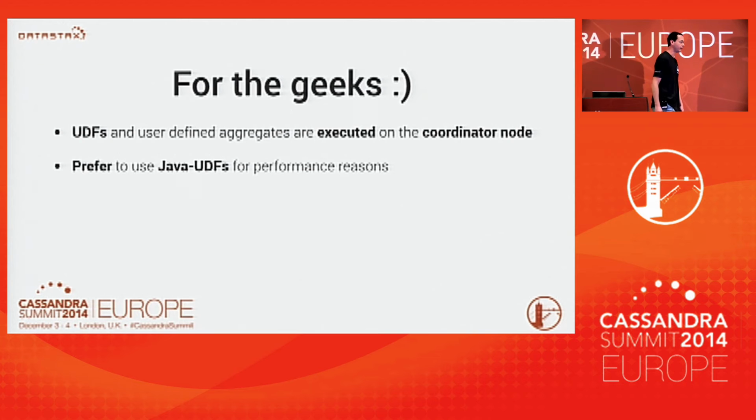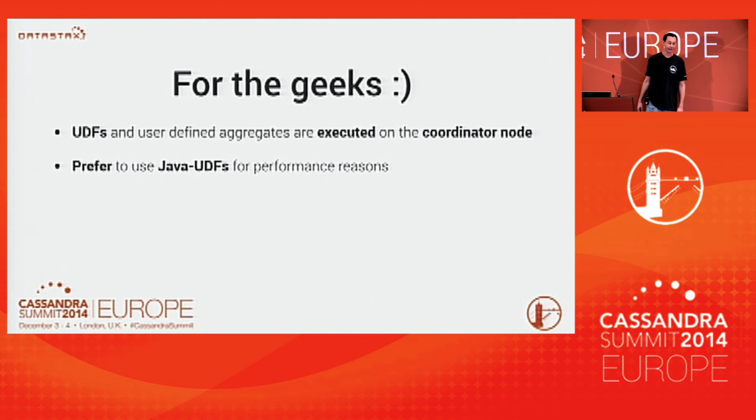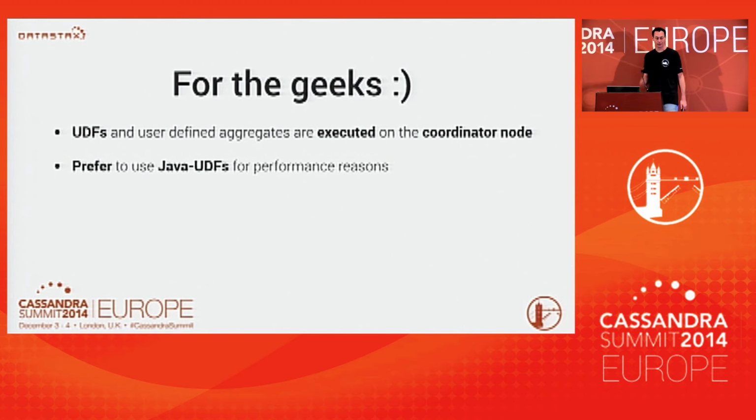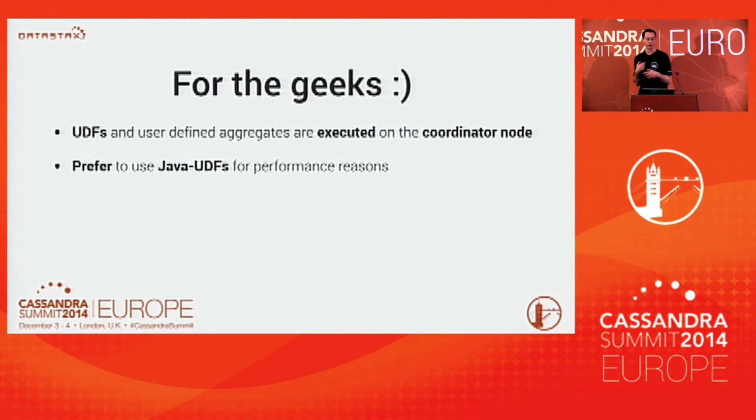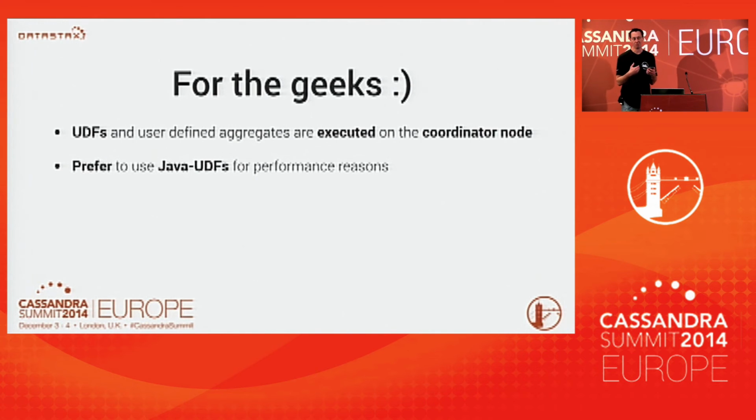The aggregate stuff was built by Benjamin Lehr. He said, I'm a geek. I just want to know a bit more why it's executed on the coordinator, why it's not, for example, for an aggregation, distributed to the whole cluster, and the whole cluster does work and returns the results back.